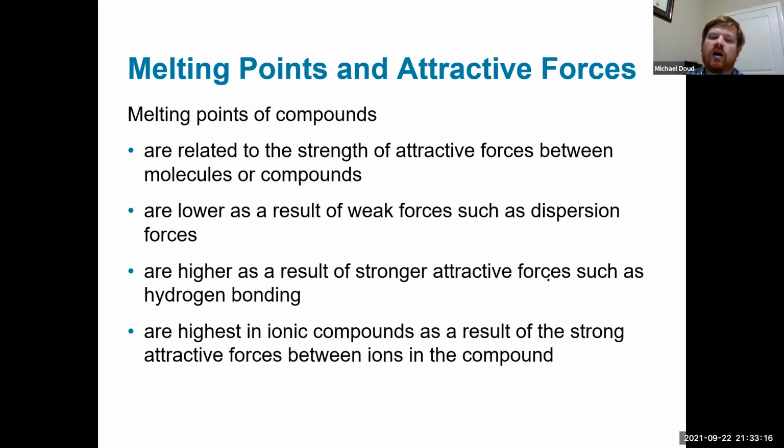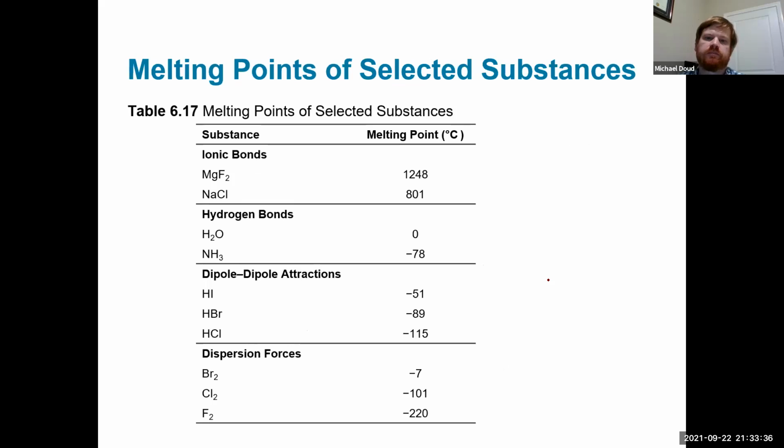If a compound has very strong attractive forces like hydrogen bonding, then those melting points are going to be much bigger. And then the highest melting points occur in ionic compounds because the attractive forces are so strong because of the full positive and full negative charges holding those compounds together.